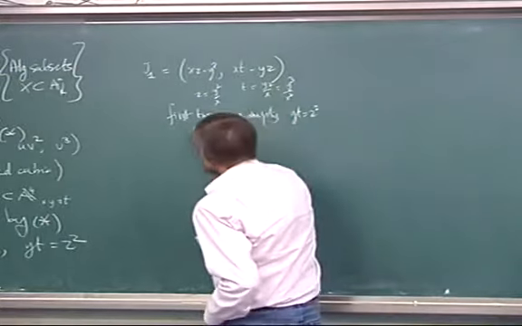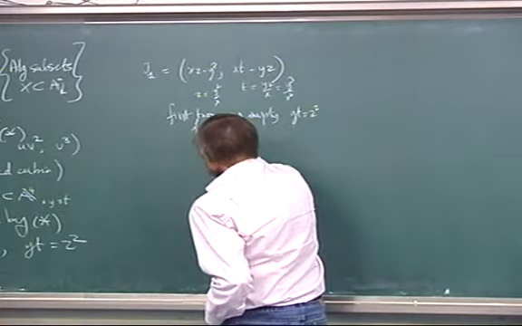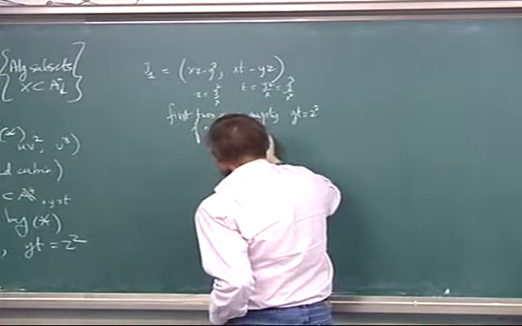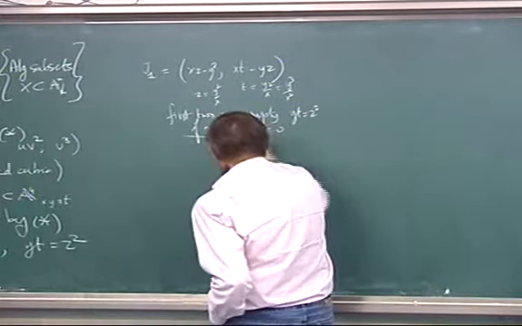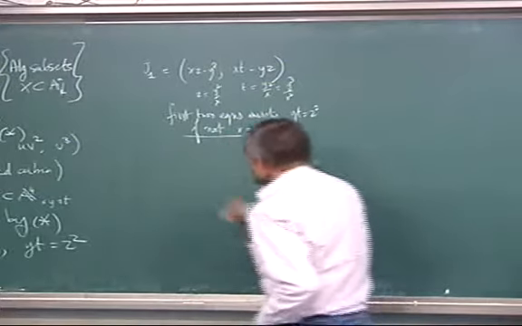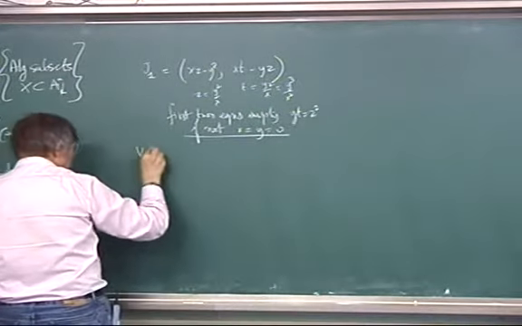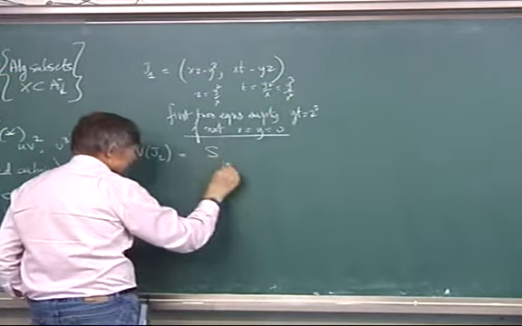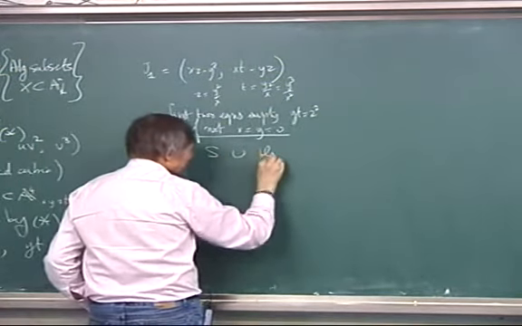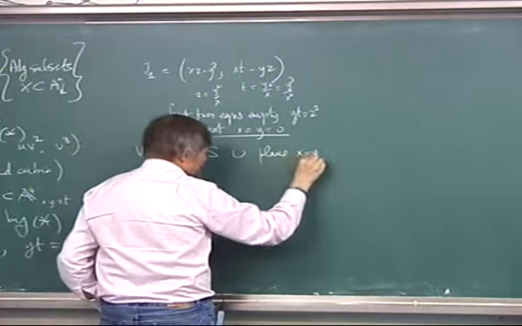If not x equals y equals 0, that is, if we're not on this plane. But anyway, if I take the V of J1, you can see eventually that you get the surface S union the plane x equals y equals 0.